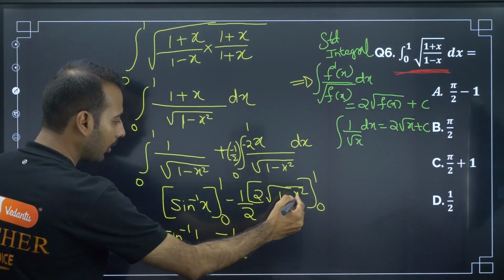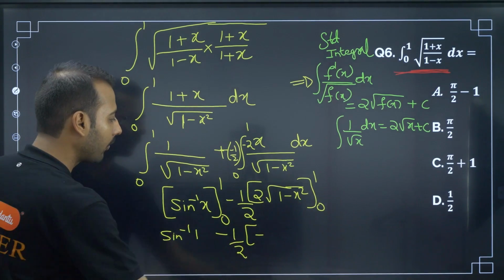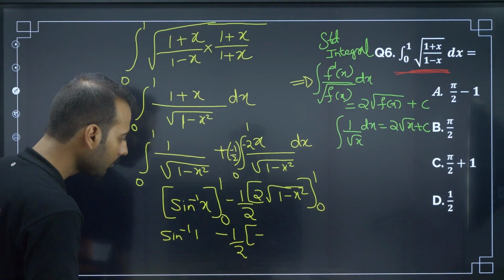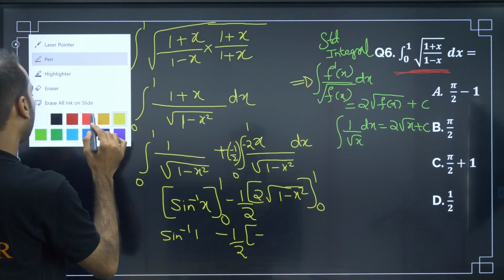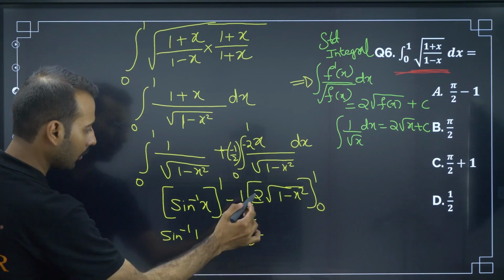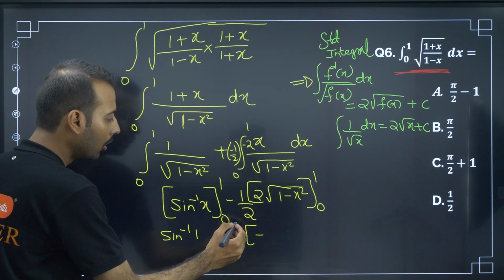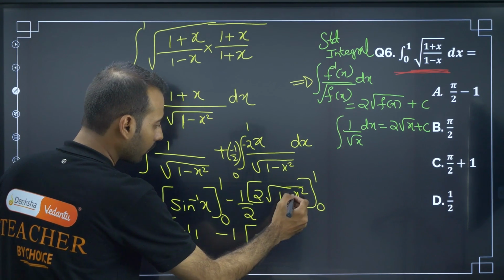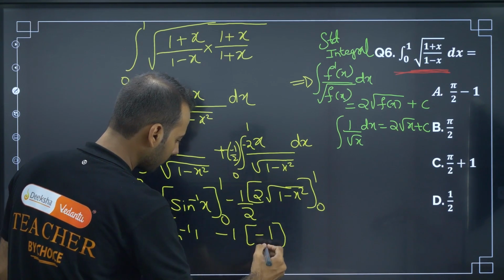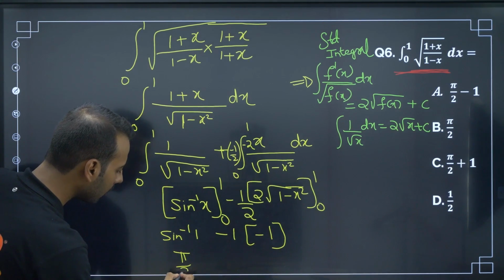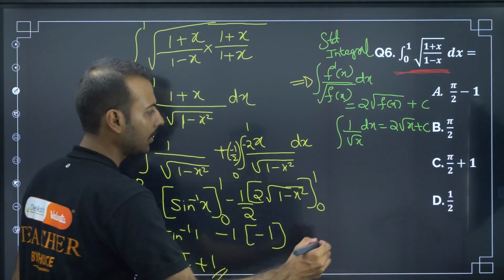If I place upper limit 1 minus lower limit 0 here, and drag 2 out of this, 2 I am taking outside, the simplification is left to you, -1. So sine inverse 1 is pi/2 plus 1. So pi/2 plus 1. C is the answer.